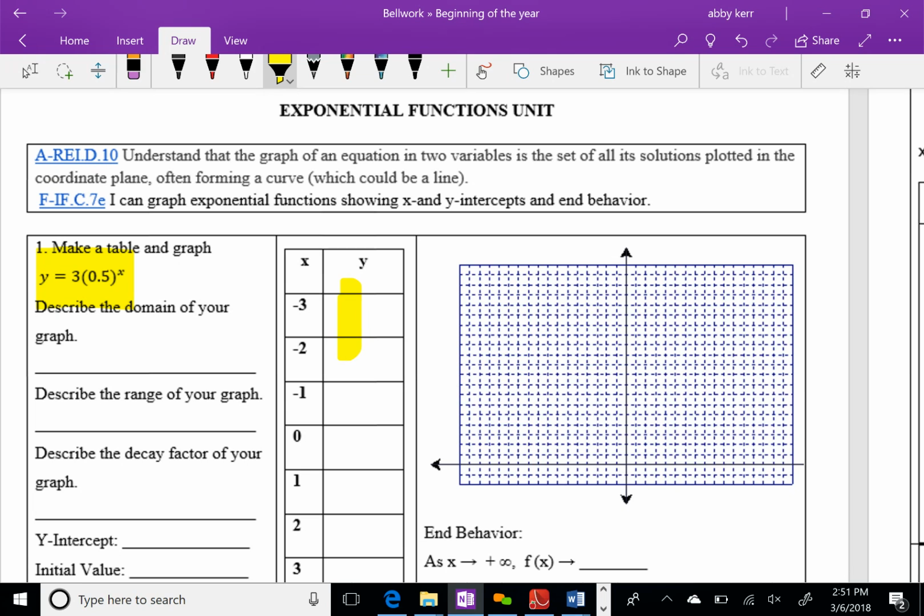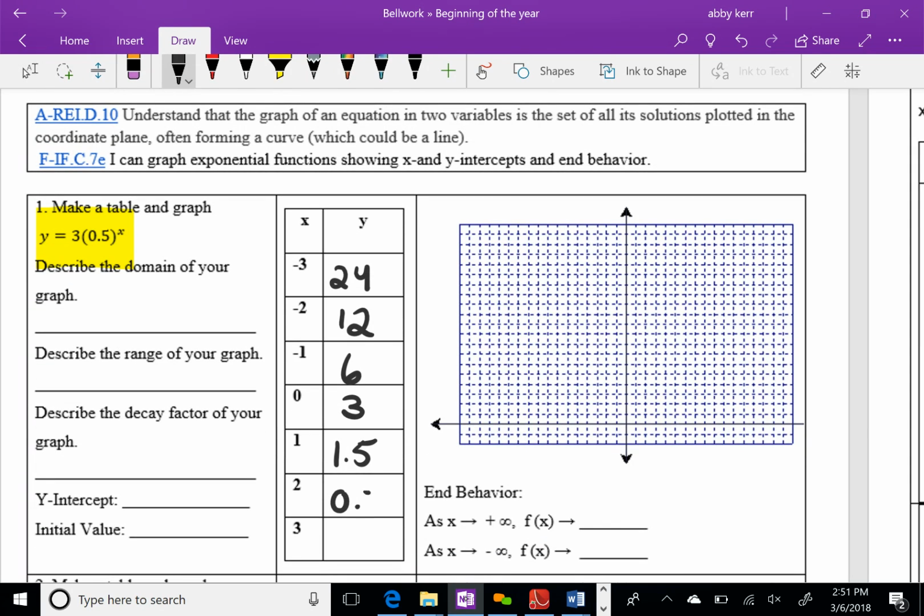You have 24, 12, 6, 3, 1.5, 0.75, and then 0.375.